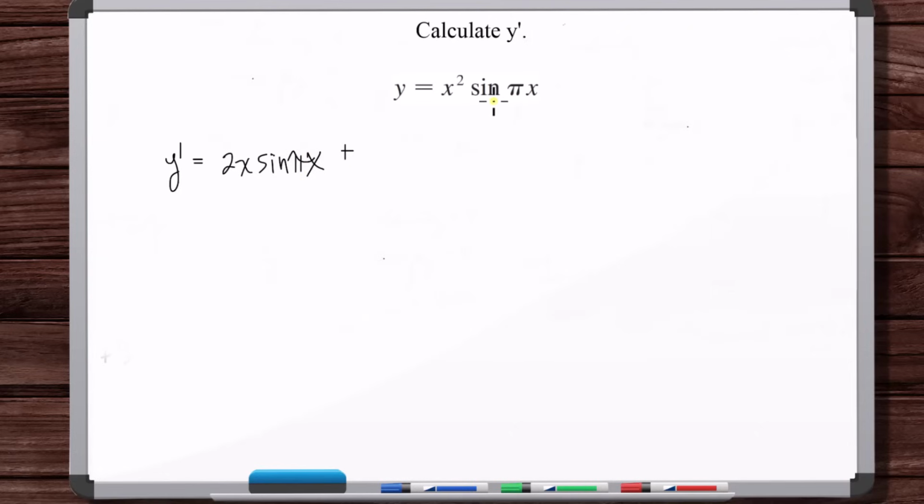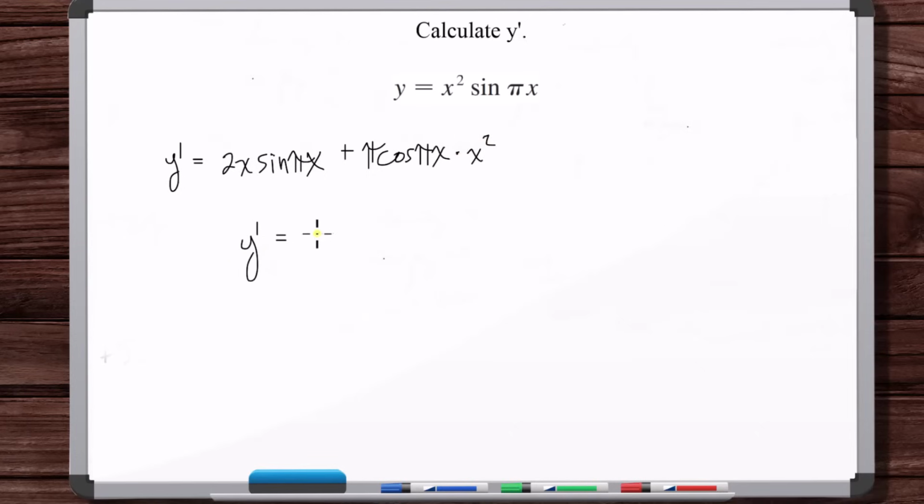Chain rule. What is the derivative of the sine of something? It's cosine of that something times the derivative of that something. What is the derivative of pi x? Just pi. Okay, so the derivative of the first times the second plus the derivative of the second times the first.